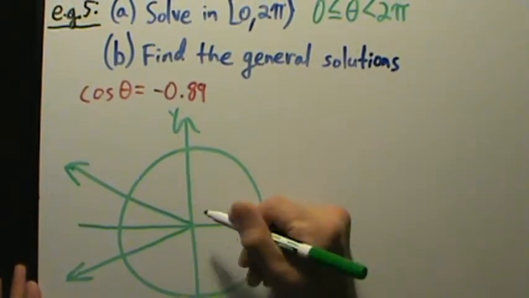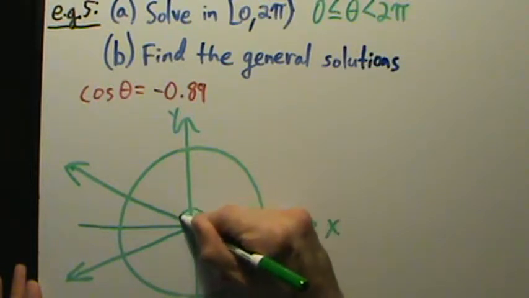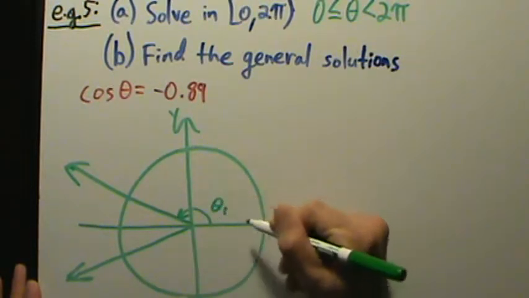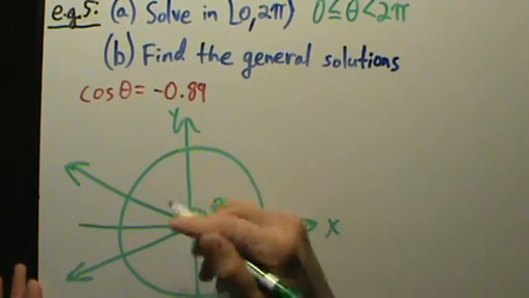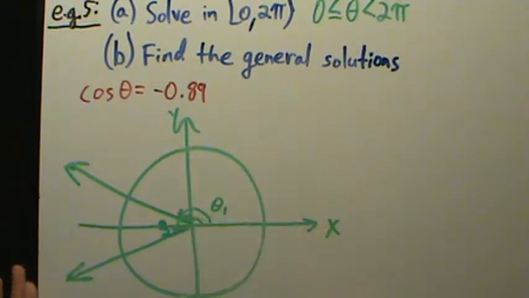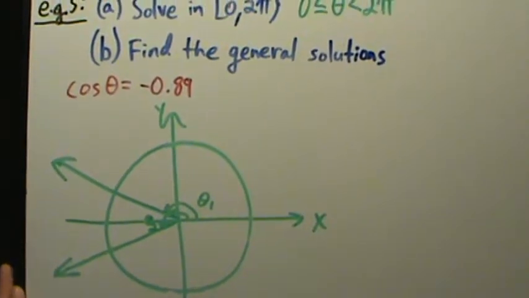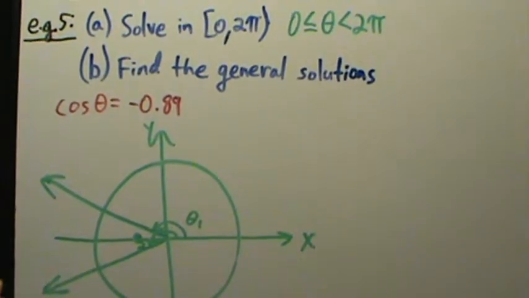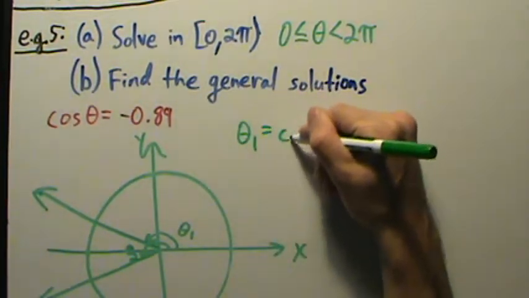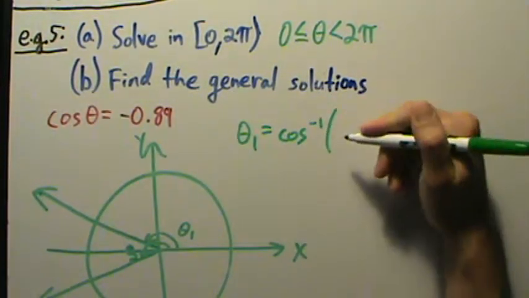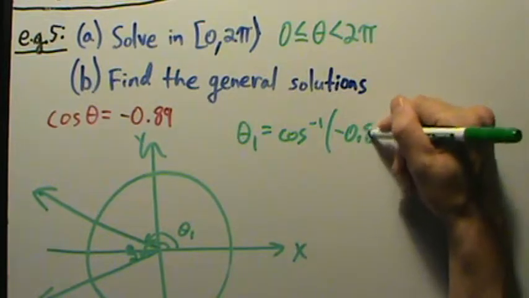Okay, so here's one angle here. We'll call this one theta sub 1, and then we have another one over here, which we'll call theta sub 2. So how do we get theta sub 1? Well, we can just take the inverse cosine directly. So theta sub 1 equals the inverse cosine of negative 0.89.